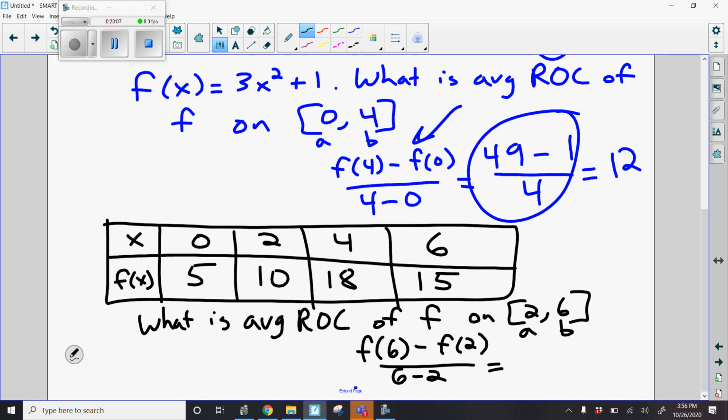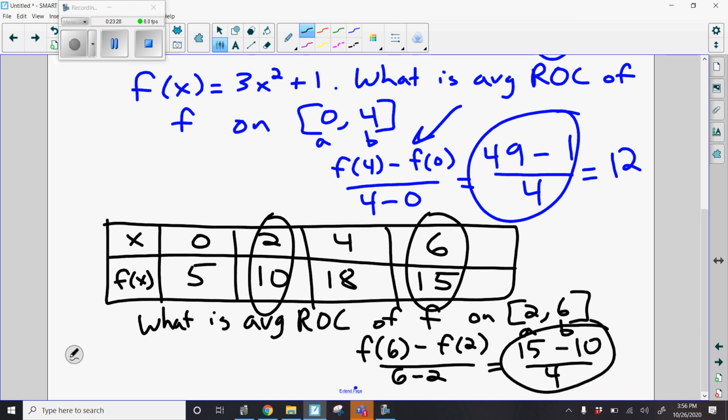Well, that is not a numerical answer yet, but now I can just go ahead and figure out what f of 6 and f of 2 are. By the table here, f of 6 I can see is 15 minus f of 2 is 10 over 6 minus 2. Yeah, you can leave it 6 minus 2, or you can say that's 4. You can go ahead and circle here, or you can simplify it out to 5/4. If it was multiple choice, you'd want to do that.